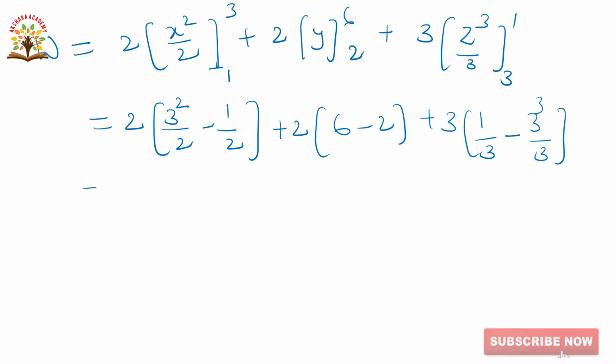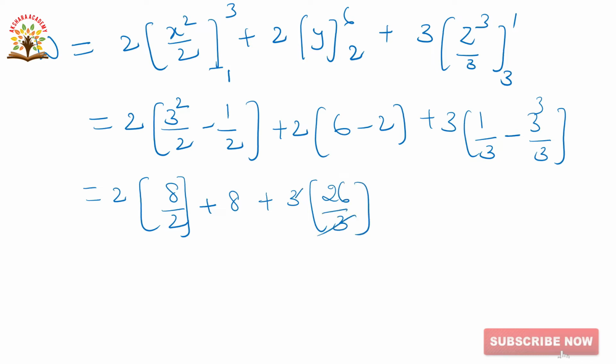So that equals 2 of (9 minus 1) by 2, plus 2 of 6 minus 2, that is 4, 4 twos are 8, plus 3 of 1 by 3 minus 3 cubed by 3: 3 threes are 9, 9 threes are 27, so 1 minus 27 is minus 26 by 3.